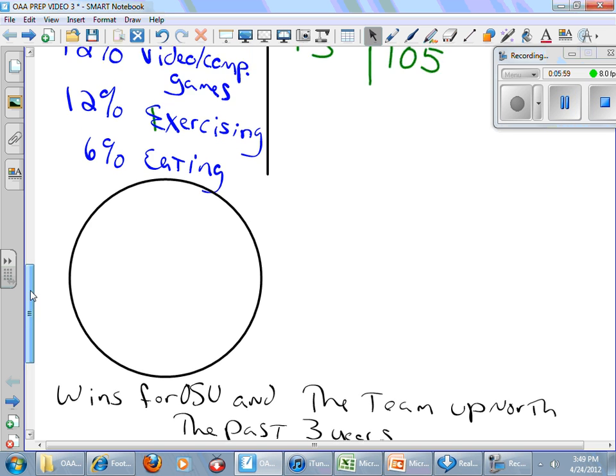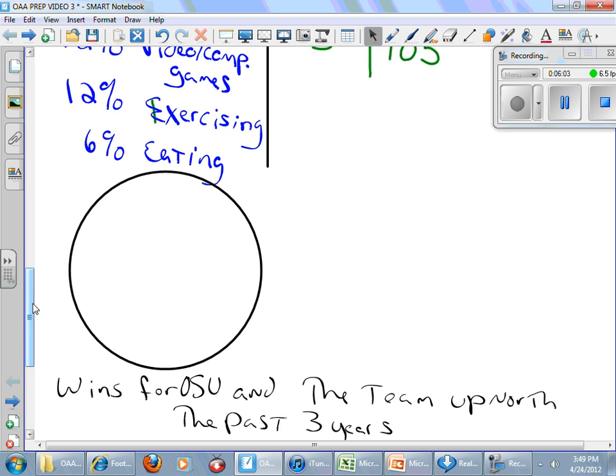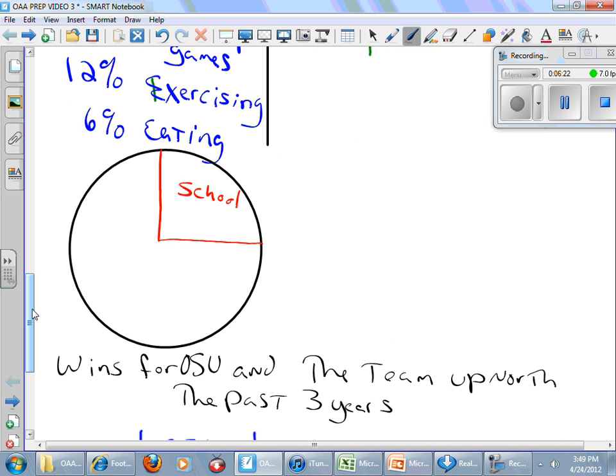For example, I know that 25% is school, so I might start with the 25% because I think that would be the easiest. 25% right there, and I might label it school. I've got plenty of room. There's 25% of the day. I know a third of the day is sleeping. Well, a third of the day might look like just about that, and that'll be sleeping.